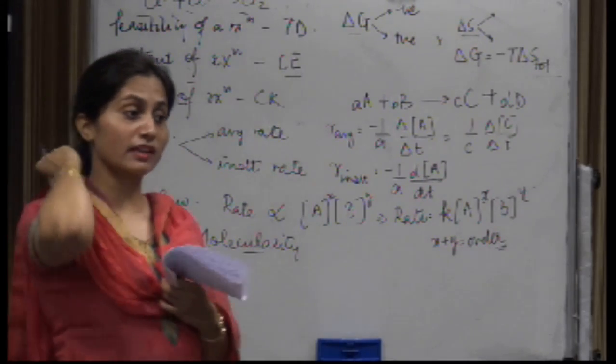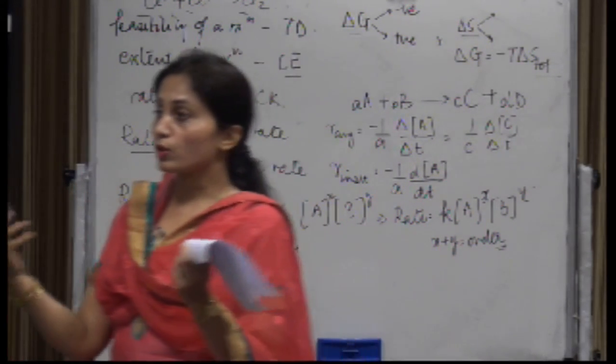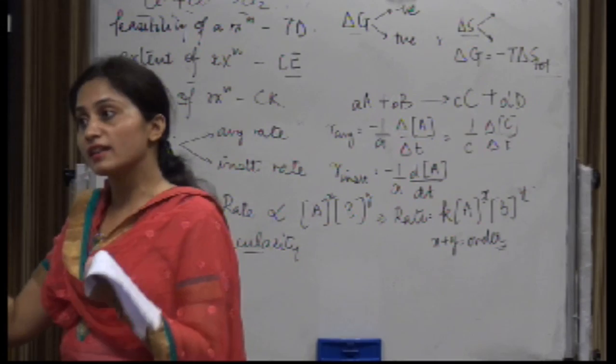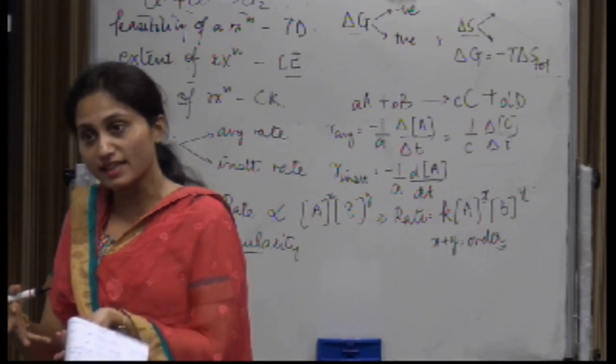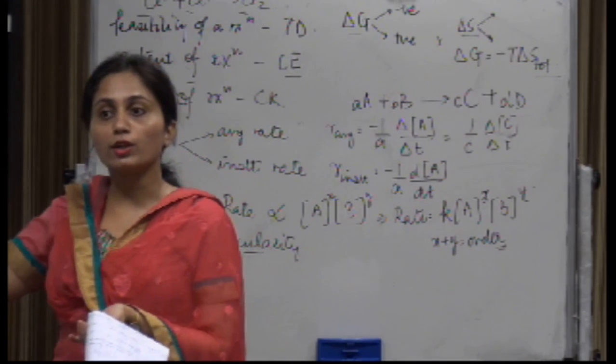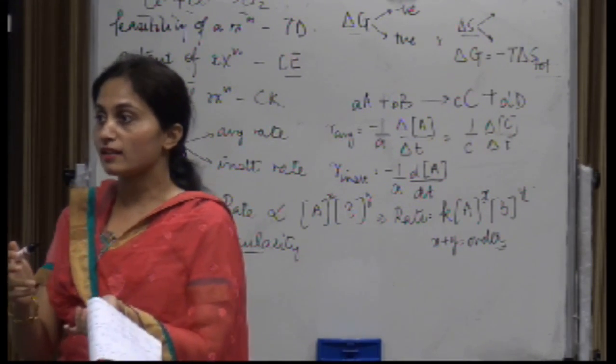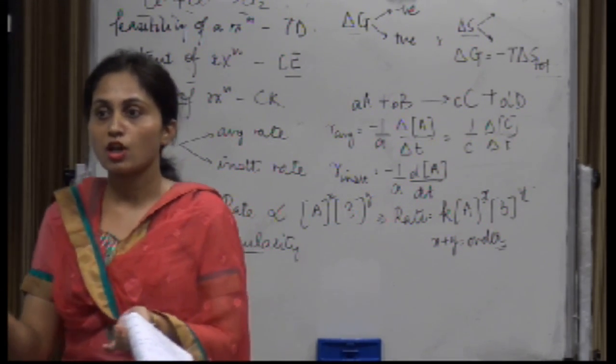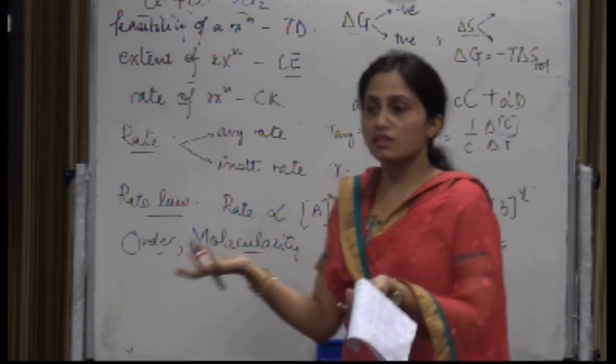The chances of collisions between 2 molecules will be greater than the chances of collision between 3 at the same time. So that probability reduces on going to a higher number of molecules colliding at the same time to yield a product. So molecularity is generally not greater than 3.